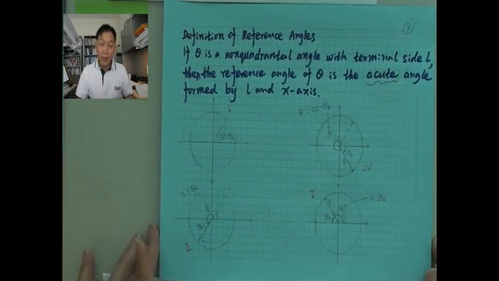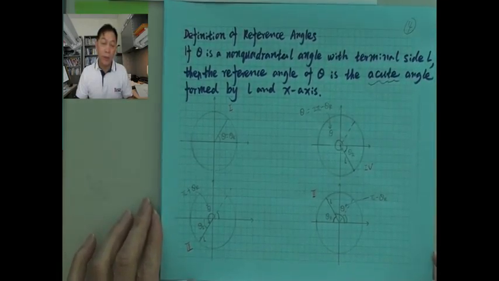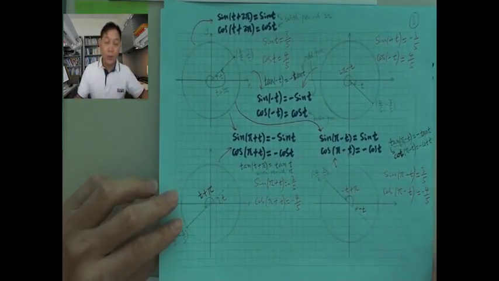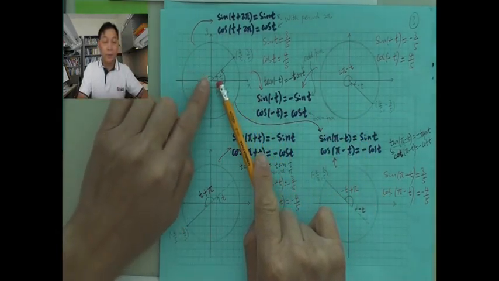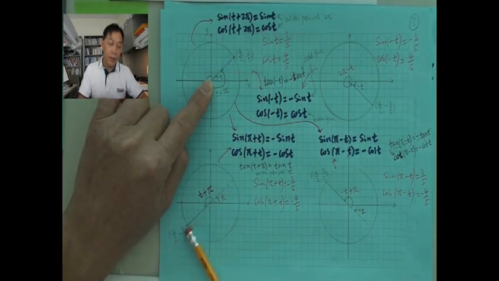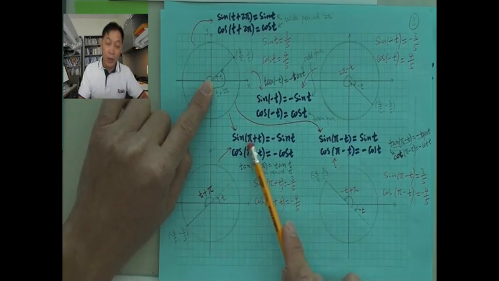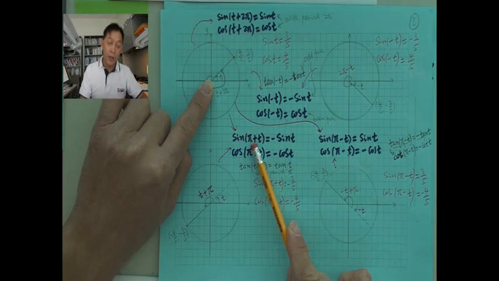Okay, why do we need to study the reference angle? You probably remember the previous lecture. When the original angle was t, if you rotate 180 degrees, there is a relationship between the original angle t and the angle rotated 180 degrees more.